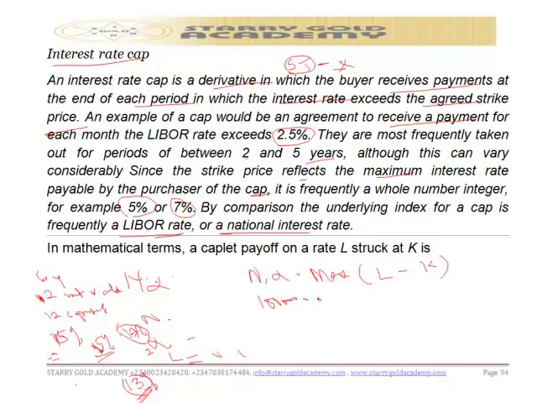Multiplied by how many days do we have? From January to February.